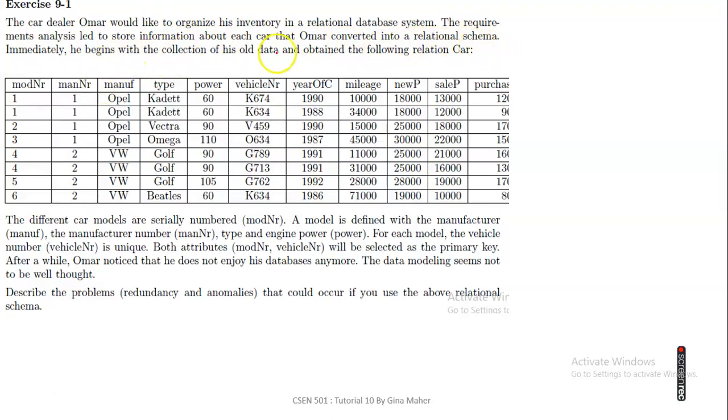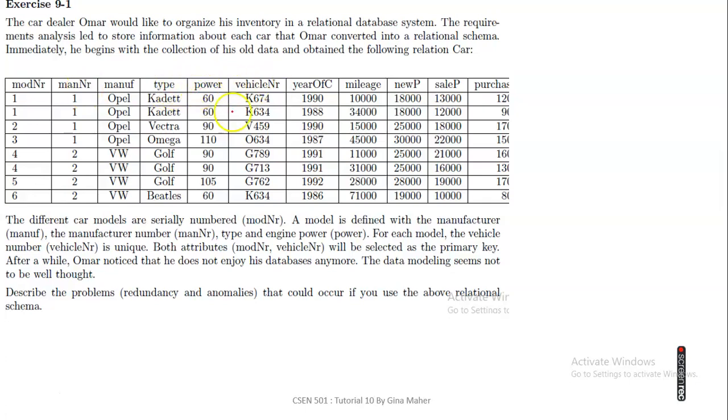Immediately, he begins with collection of his old data and obtained the following relation car. Okay, so this is the table or the relational schema. The different car models are serial numbered model number. Okay, a model is defined with a manufacturer, the manufacturer number, okay, and the type and the engine power.